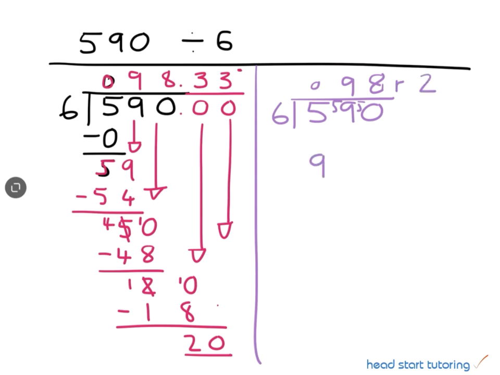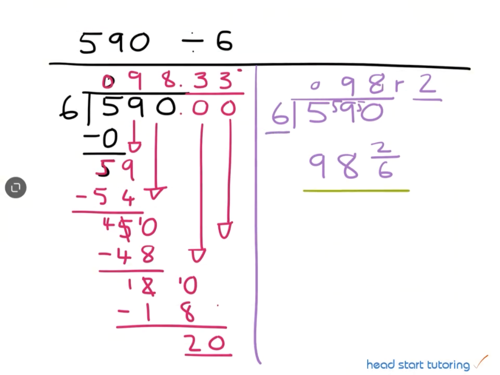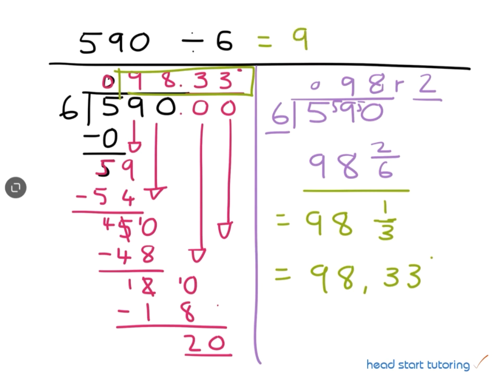And that remainder of 2, remember, is equal to 2 over 6, because we still need to divide that 2 by 6. So we can say 98 and 2/6, which can be simplified down to 98 and 1/3. And if we were to convert 1/3 into a decimal, it would be 98 and 3 recurring. 98.3 recurring. So either way, we get the same answer.